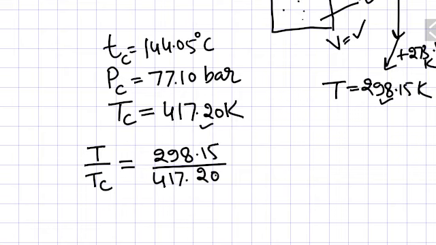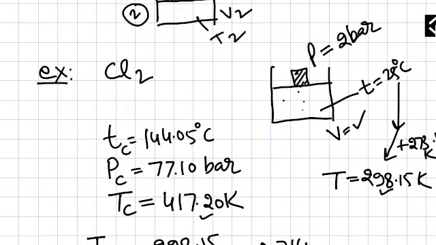So after dividing, what did you get? 0.714. The same way you divide the pressure by the critical pressure, and your pressure is 2 bar.